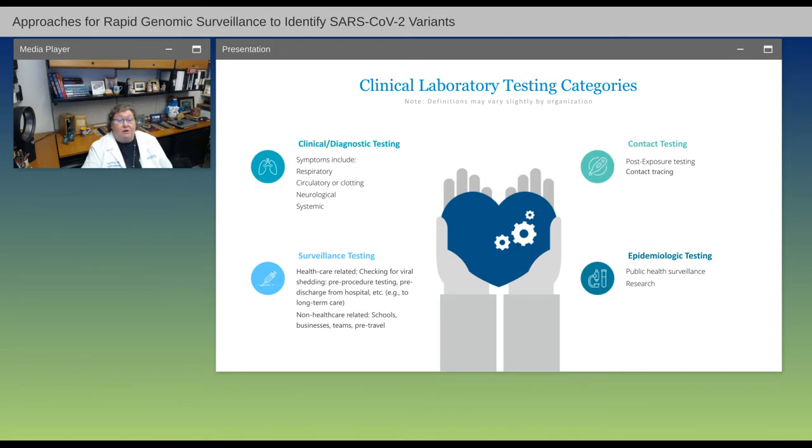So our world is no longer respiratory symptoms defined for SARS-CoV-2.